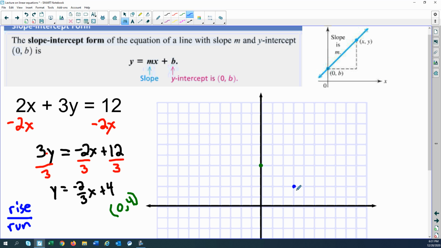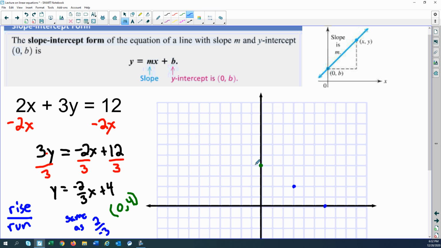Okay. Technically, that's enough to get our line. We have our 2 points. But this down 2, right 3 keeps going. And what else happens is -2/3 is the same as 2 over -3. That negative can float.